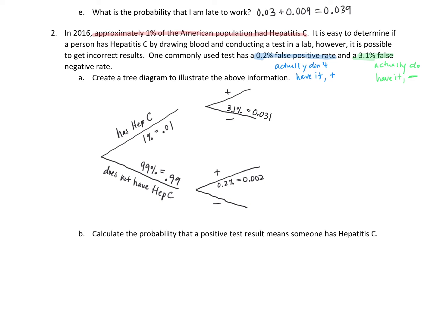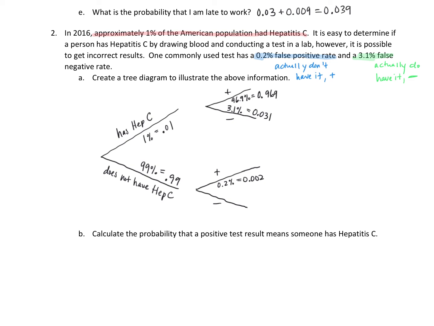Now keep in mind the two branches need to add to 100. So for the top, I know I have 100%, and then I'm going to subtract off 3.1%, and so that's going to give me 96.9%, or 0.969 as a decimal.